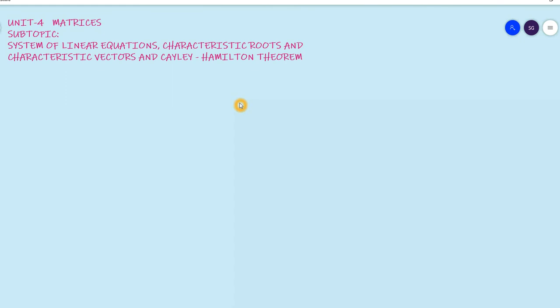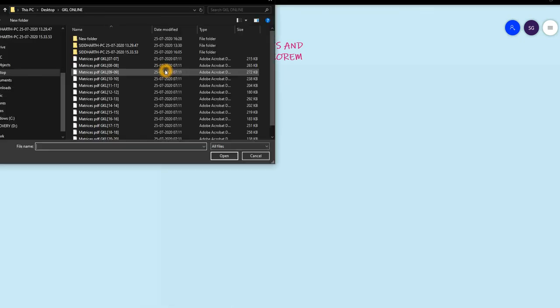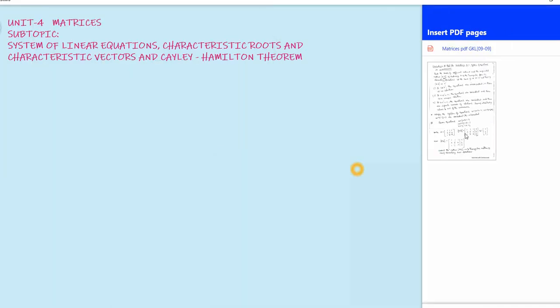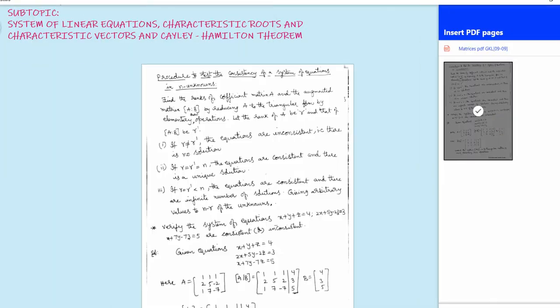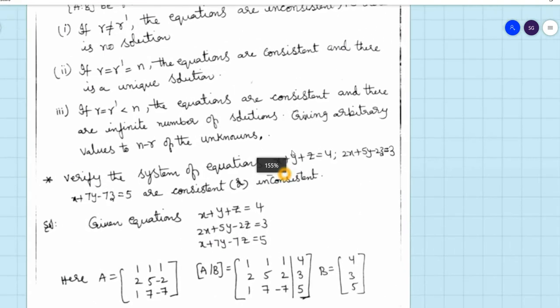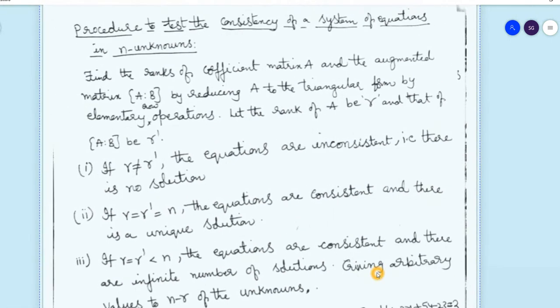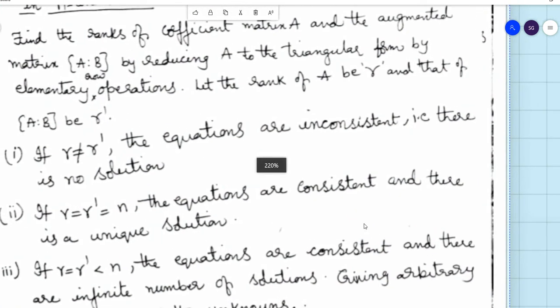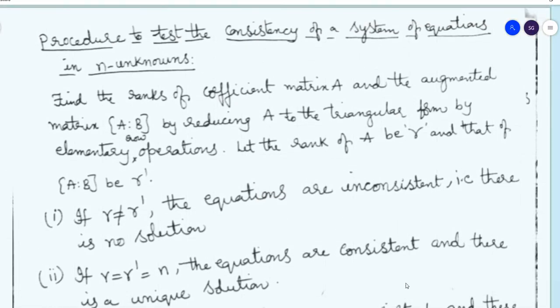Now look at the procedure to test the consistency of a system of equations in n unknowns. This is the procedure to tell whether the given system is consistent or not. First, we have to find the ranks of the coefficient matrix A and the augmented matrix [A|B] by reducing them to upper triangular form using elementary row operations.